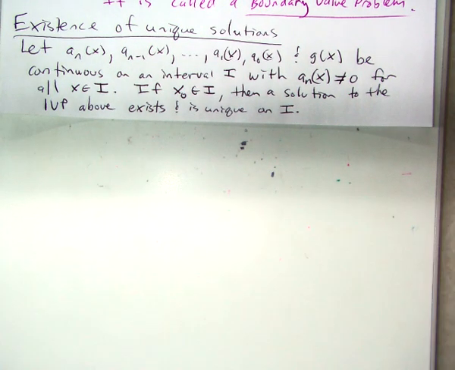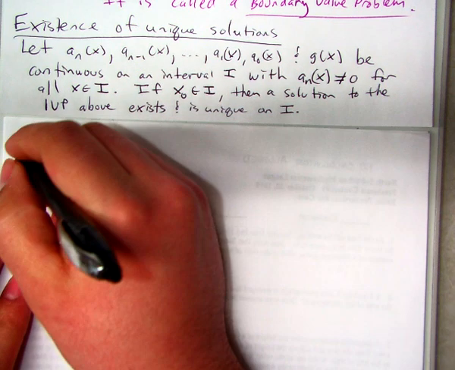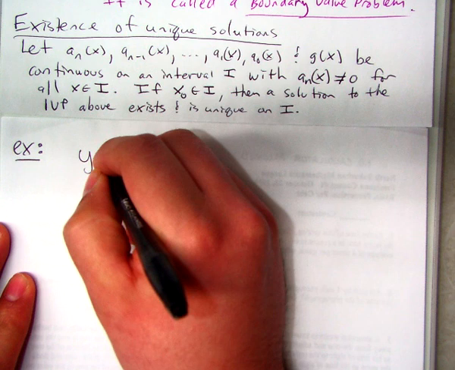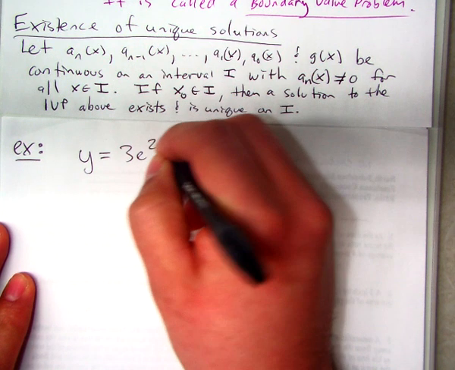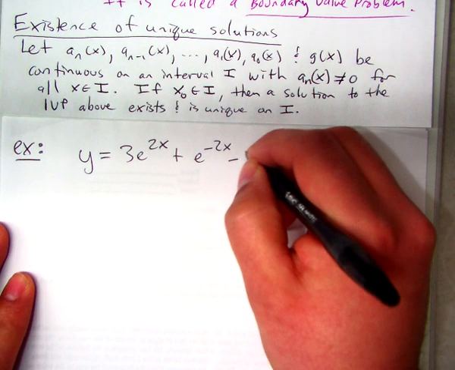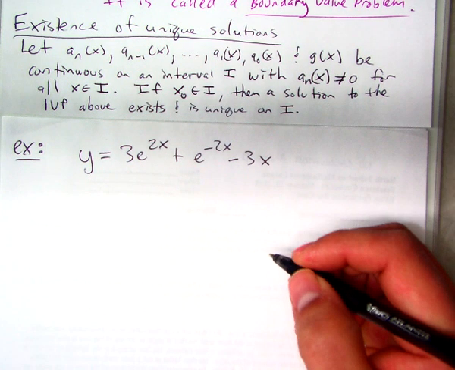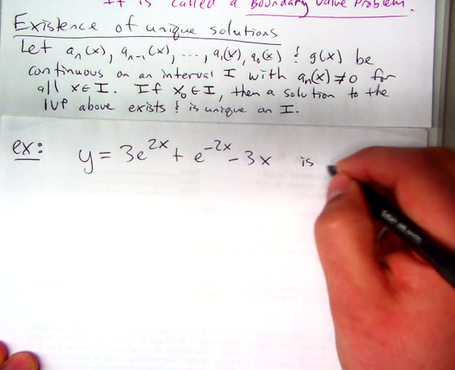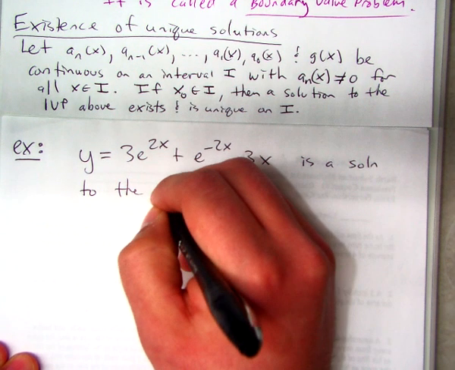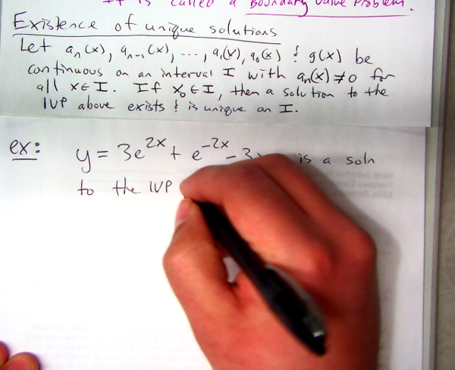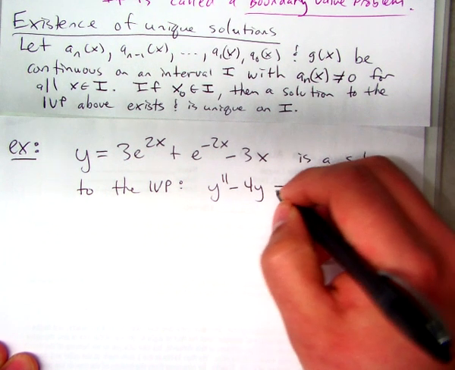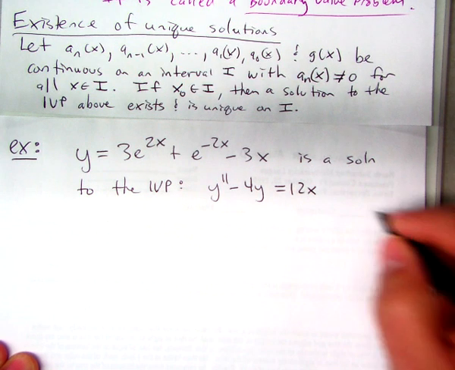So, for example, let's say we have y equals 3e to the 2x plus e to the minus 2x minus 3x. And let's say that this is a solution to the IVP y double prime minus 4y equal to 12x.